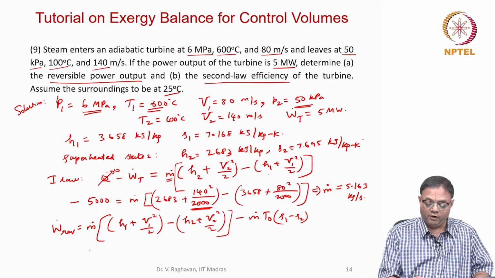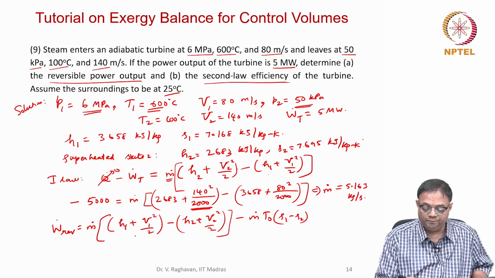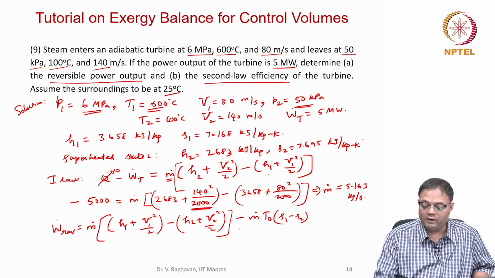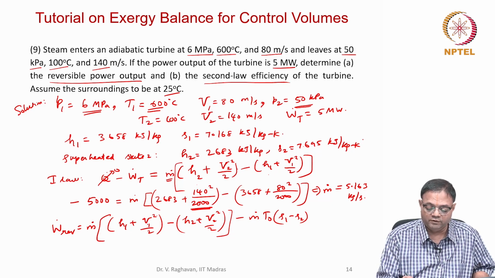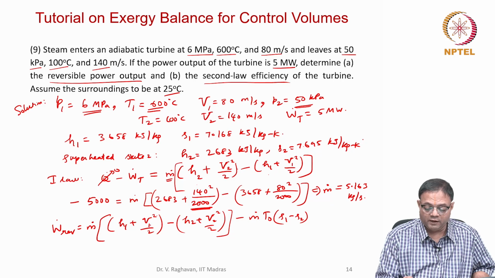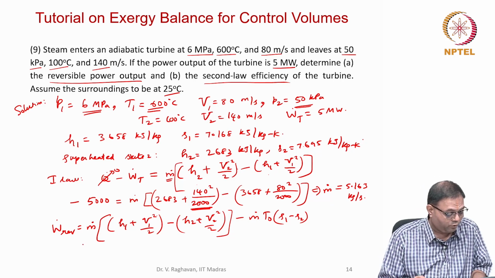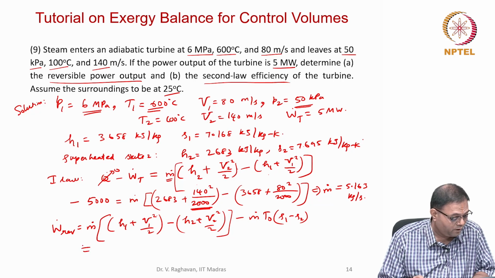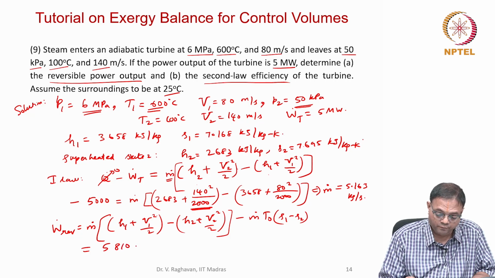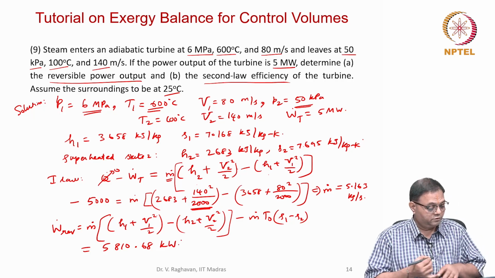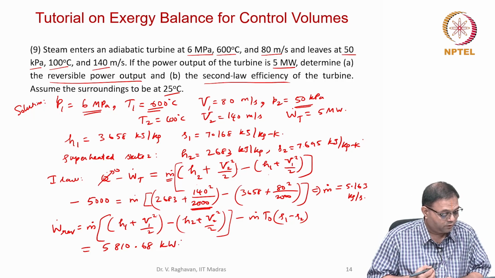Please understand that we normally write H1 minus H2 minus T naught into (S1 minus S2), but since I am adding the kinetic energies also, we have to split it into this expression. Now substituting the values, all the values are known to me. So this is the reversible work.